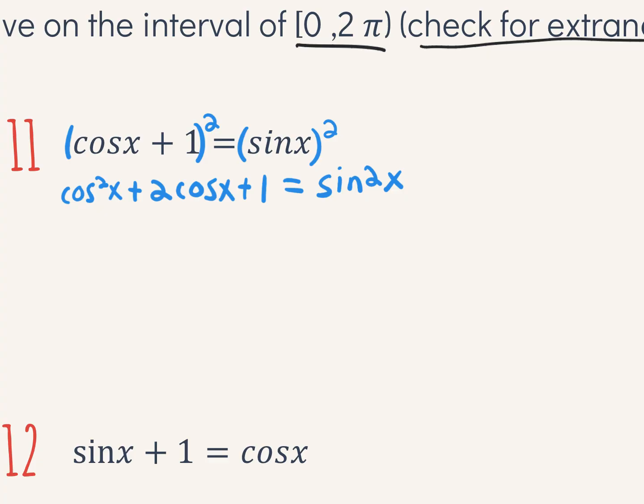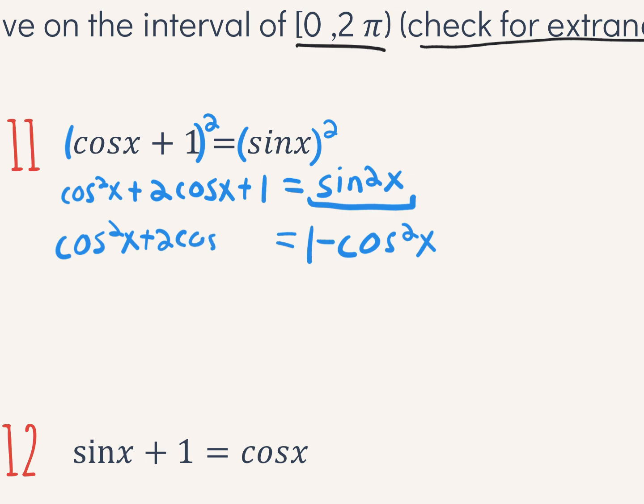What does sine squared x equal? Other way around, 1 minus cosine squared x, right? So let's go ahead and replace this with 1 minus cosine squared x. All right, and then the other side is exactly the same. So I have cosine squared x plus 2 cosine of x plus 1.